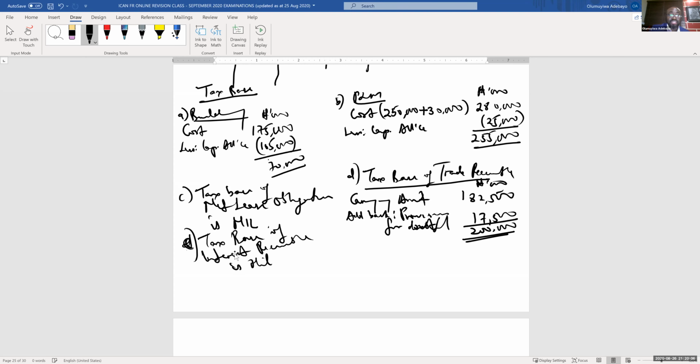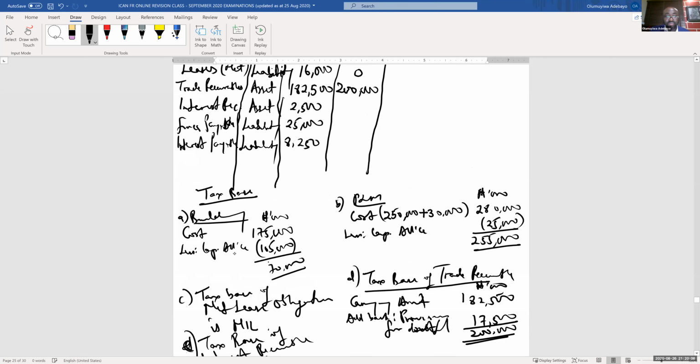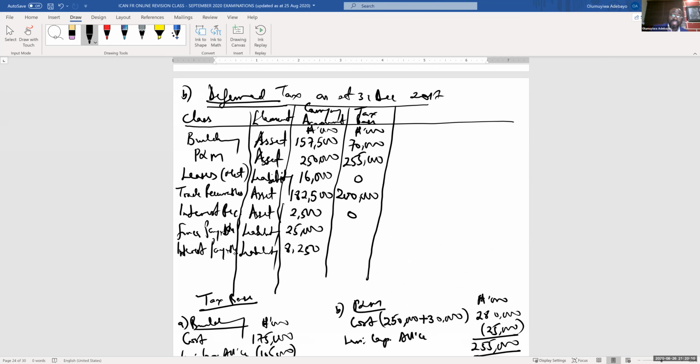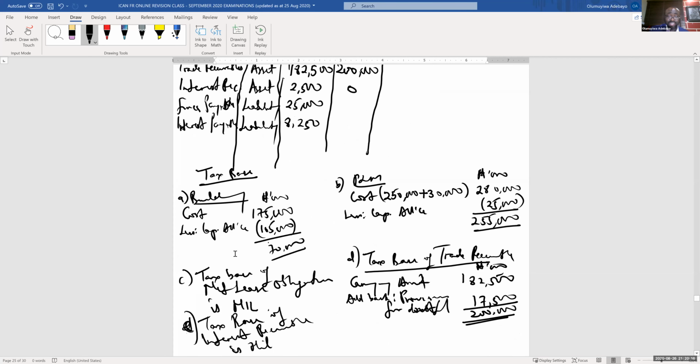Which means that in that case, we come here and say zero. Now, this knowledge of this tax base is where we are going to close out with, which I told you yesterday that we'll discuss how do we define tax base specifically for assets and for liabilities.